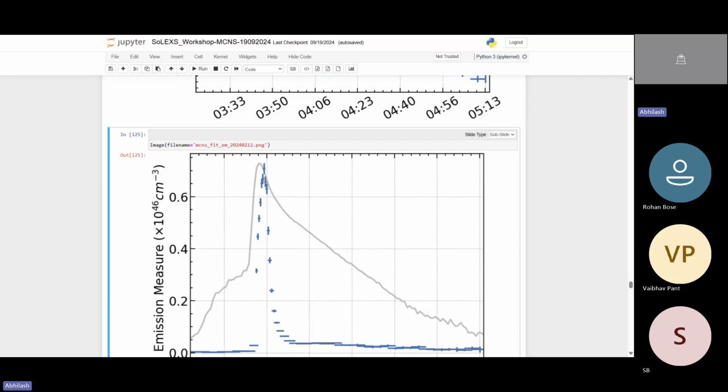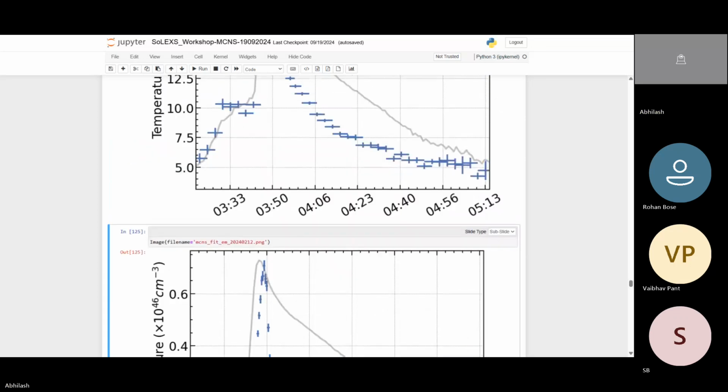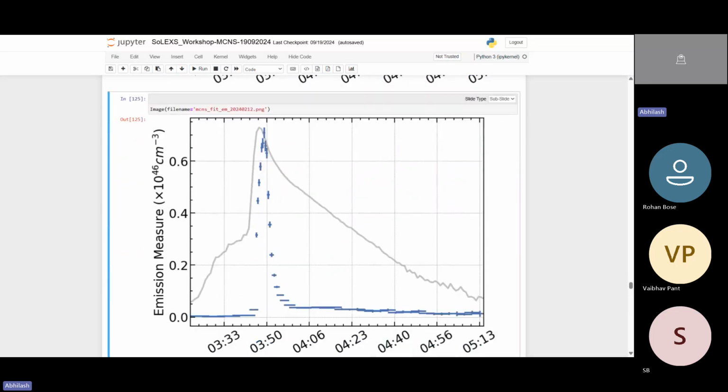The temperature is decaying down, but the amount of plasma at the higher temperature increases. So your loop fills up, but your temperature is decreasing. This is what it's showing, the temperature and emission measure. Once the loop fills up, it radiates. Correct. And it stays at some constant value. So your loop is filled with that plasma, but your temperature is decreasing. Right. So emission measure is kind of constant.